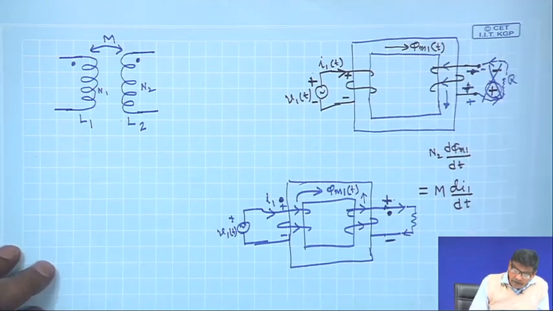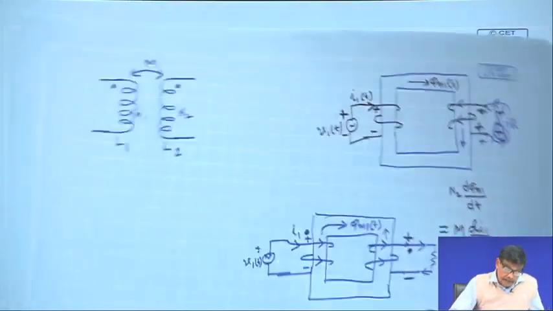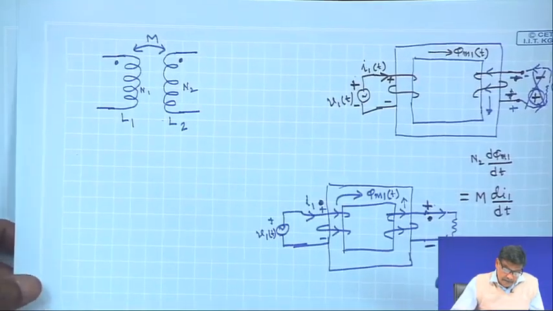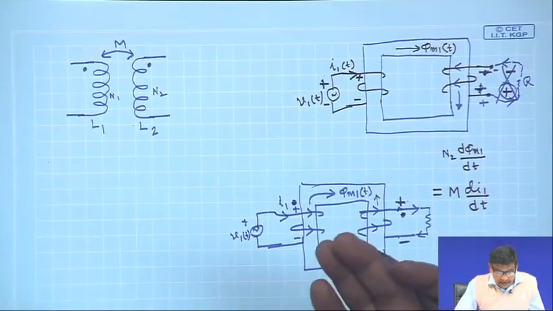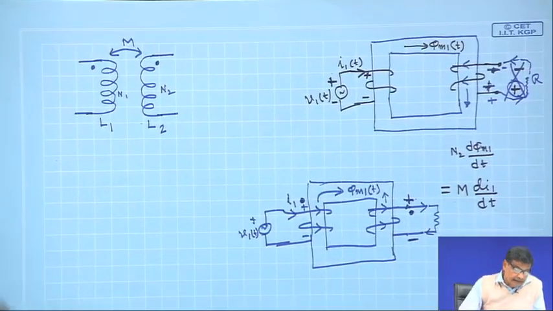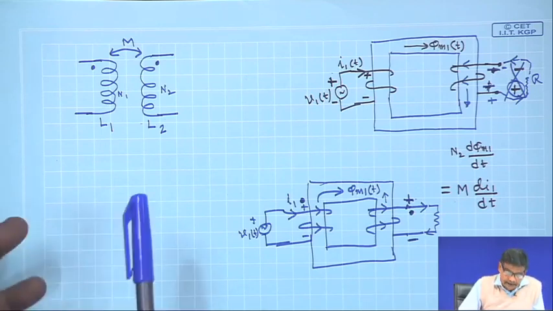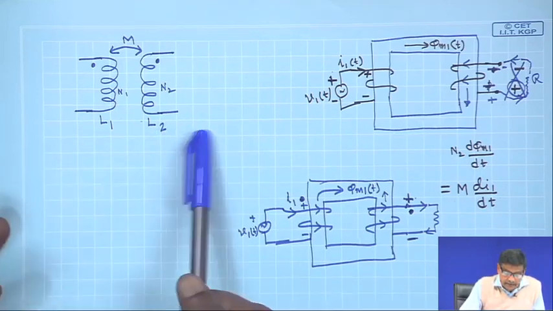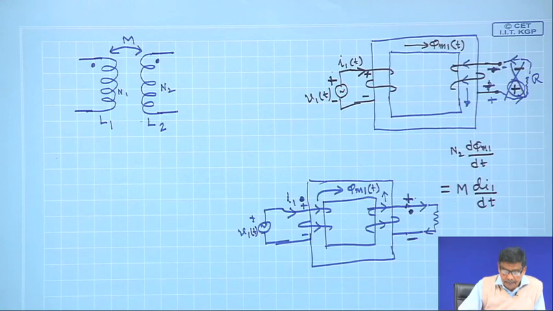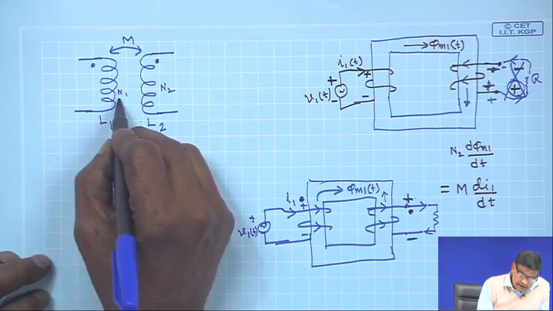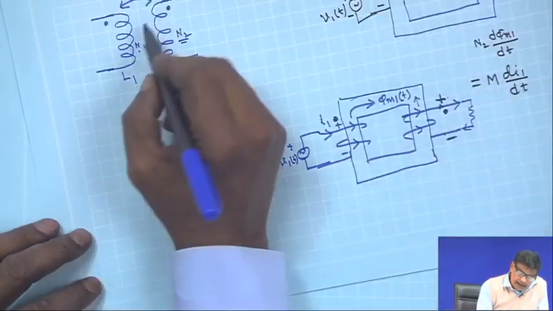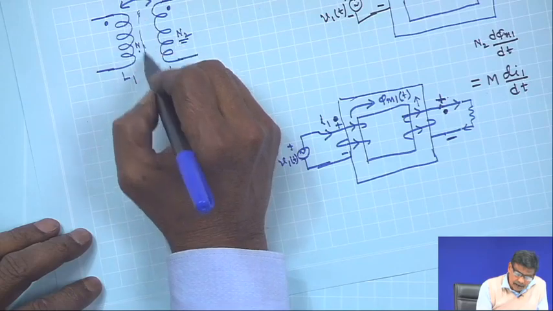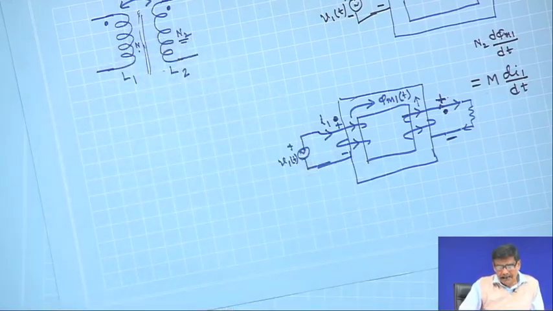Now, as I told you, my goal is to obtain an equivalent circuit of a transformer, and the transformer I will view as some inductances, self inductances L1, L2 and mutual inductance M, and this is having turns N1, this is having turns N2. The core material I am not showing; people show it like this to have clarity in the picture.